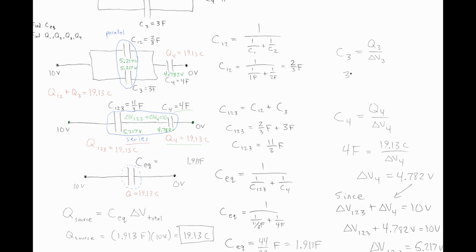That's going to be 3 farads equals Q3 over 5.217 volts. I get 15.65 coulombs. Okay, now we know Q3.